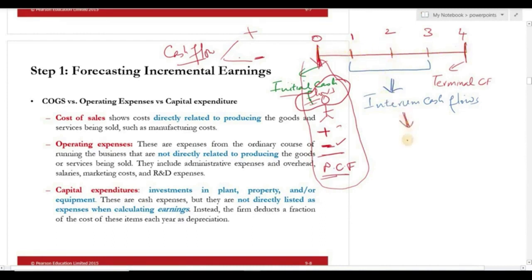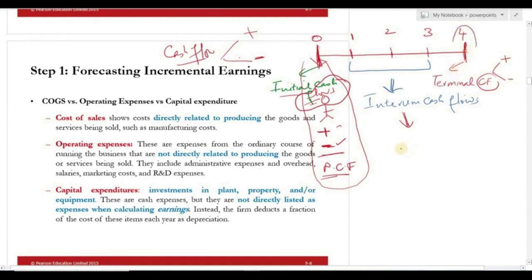In the interim we will have some additions or subtractions, and we will calculate sales, CGS. And the last year cash flow, remember that it could be positive or negative, is called the terminal cash flow.